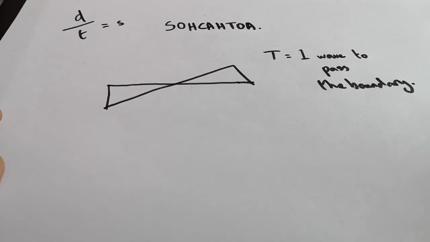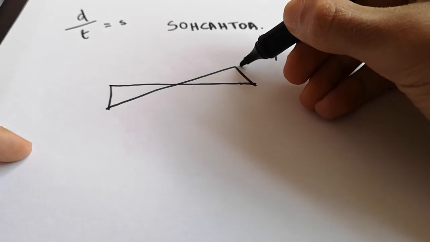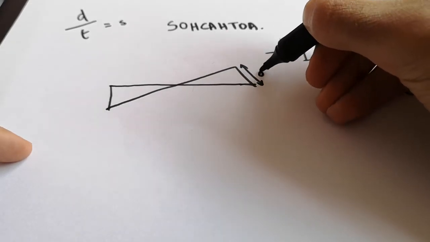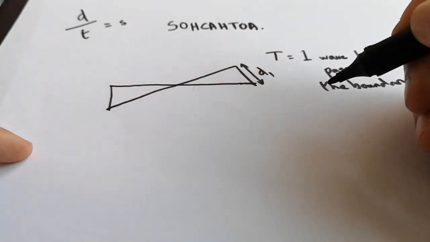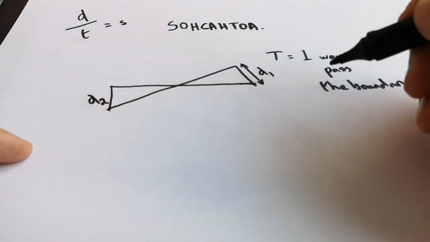So if we think about a single source of a wave, based on Huygens' principle, we know that each wavelet produces sources of oscillations which will then generate secondary sources. Okay, so based on this idea, we can look at this distance over here and we're going to label this distance as d1, and we're going to label this distance over here d2.